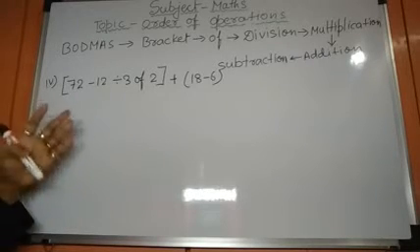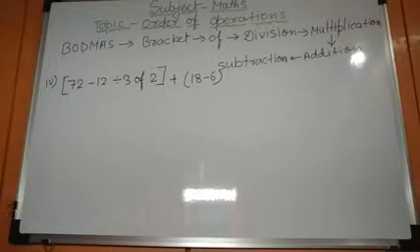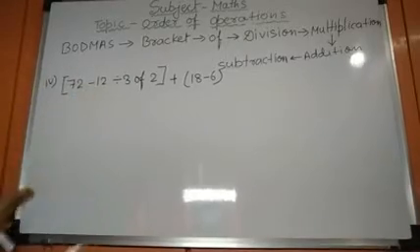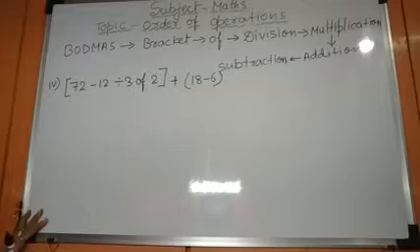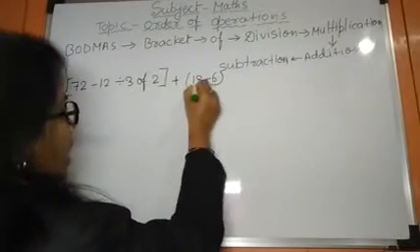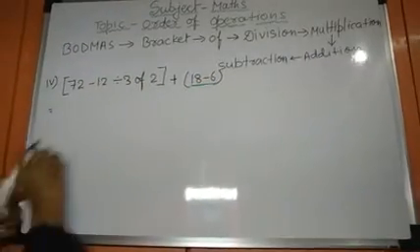It is under a square bracket, plus 18 minus 6, that is under a small bracket. Fine. Now here you have to see that first of all we will do the work of the small bracket. So in the small bracket, remaining all as it is.